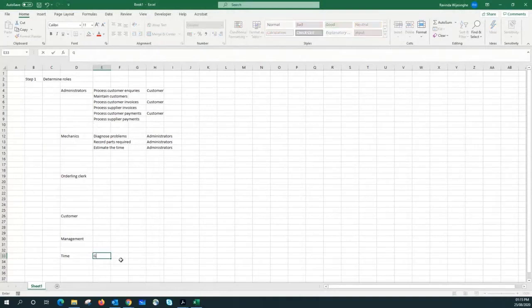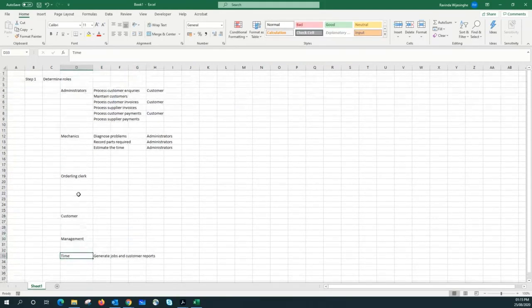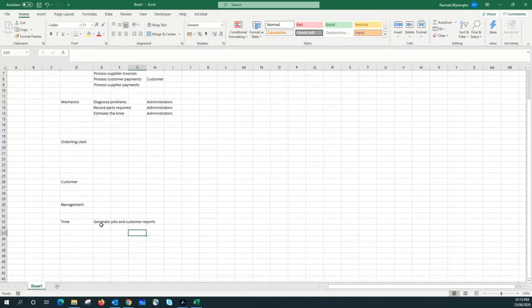So we can say generate jobs and customer reports. That use case is handled by the time actor. So now we have more actors, 1, 2, 3, 4, 5, 6 actors basically.